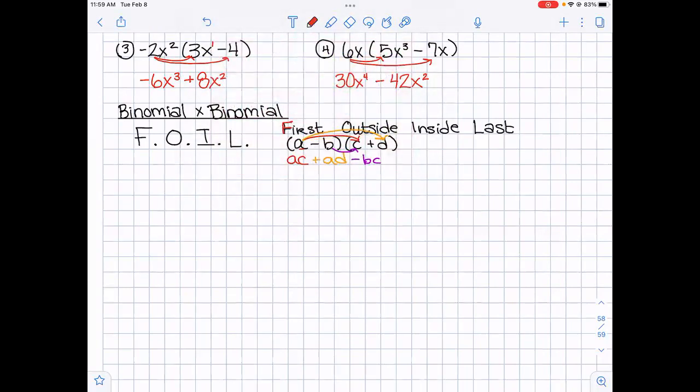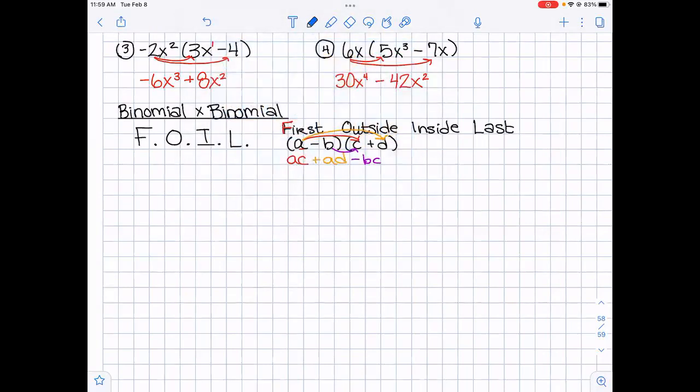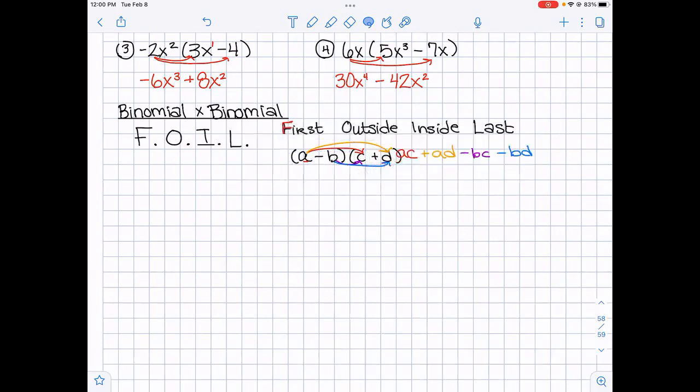And then it says last, so you multiply the last 2 terms. So you've got -BD, okay? So it sounds really complicated, I know. But once you practice it, it's actually pretty quick. You do not have to write this part if you don't want to.